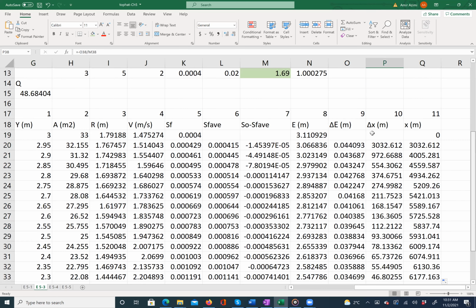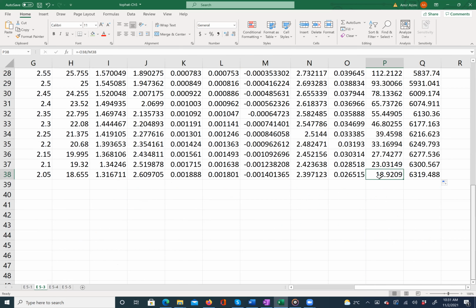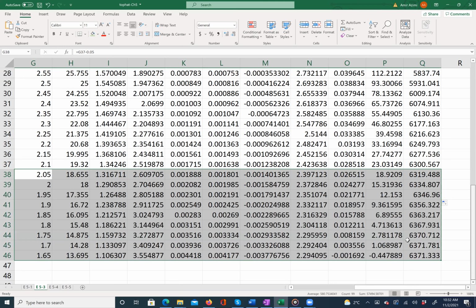So the first 5 centimeter drop of water level takes 3 kilometers. But from 2.95 to 2.9, the second 5 centimeter, it happens in only 970 meter, and then 550. And from the water level dropping from 2.1 to 2.05, it only requires 19 meters. So as you get close to critical depth, it takes less and less distance.